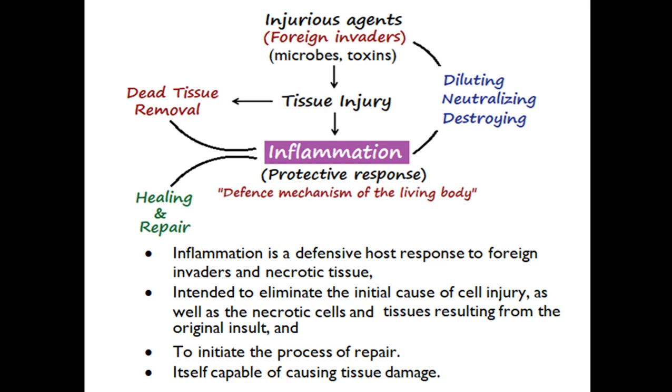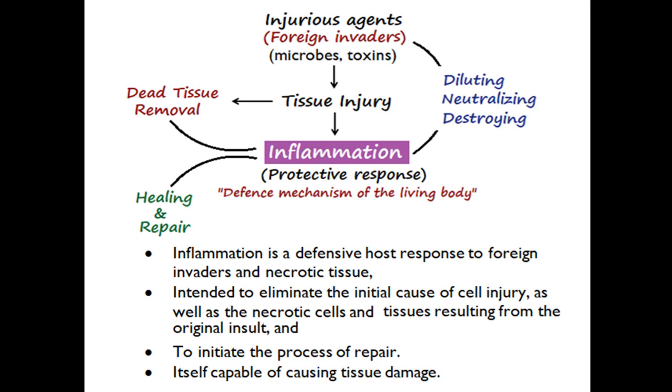However, if the injury is severe, intense, and strong, or if there is some problem when the acute inflammation cannot resolve the response, then we proceed to chronic inflammation, and chronic inflammation mostly results in healing and repair.